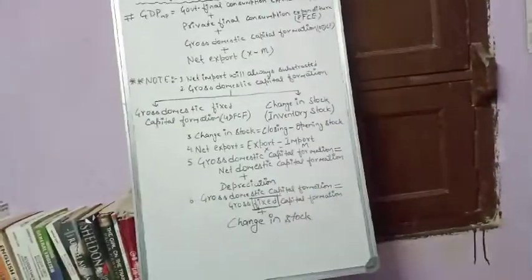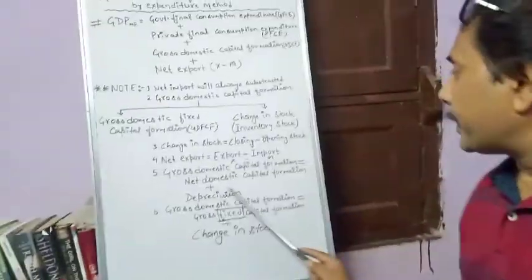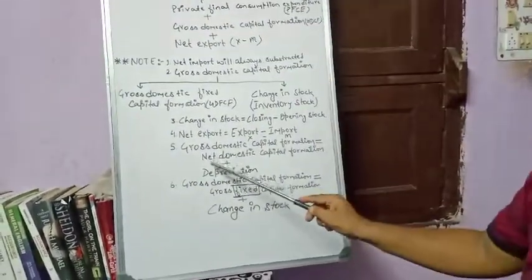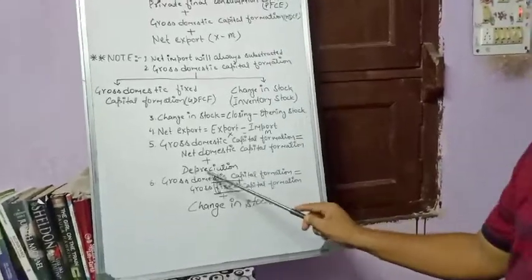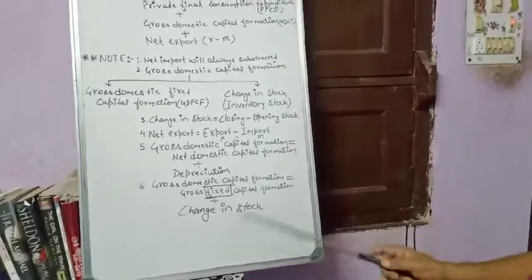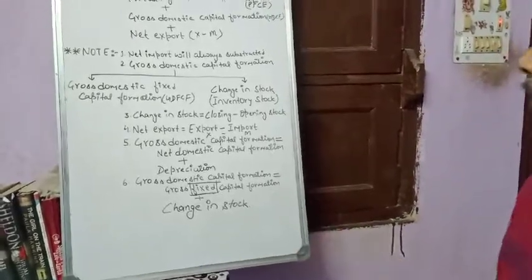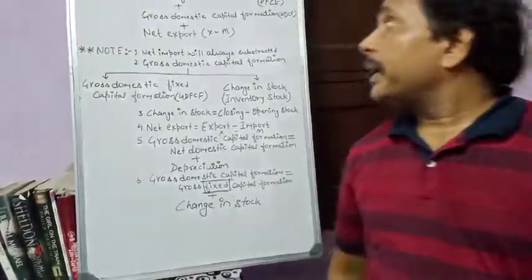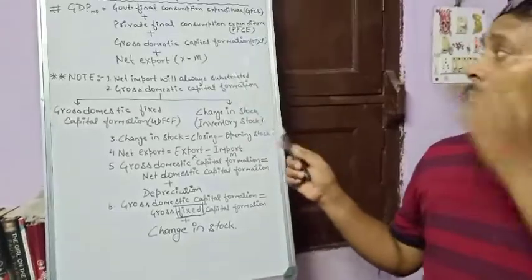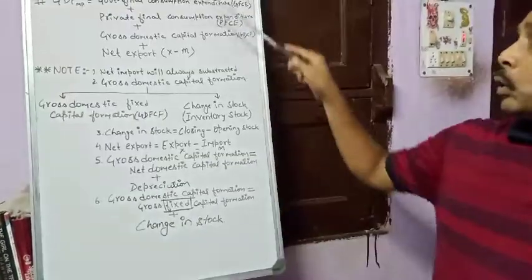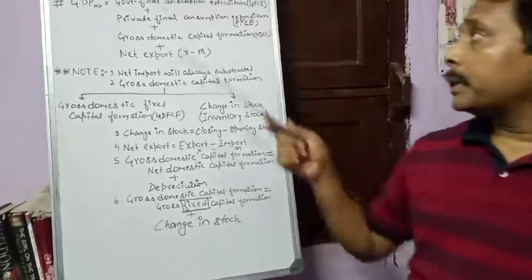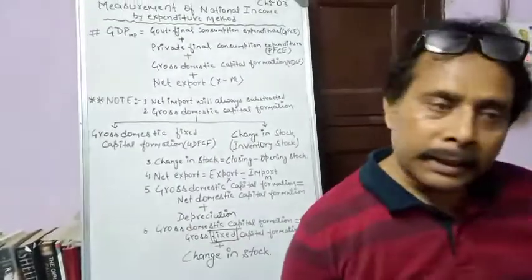So overall we can say, if net domestic capital formation is given and we have to calculate gross domestic capital formation, we will add depreciation. If only the gross fixed capital formation is given, in that case change in stock will be added. So in this way we can use these components to solve the national income, and with the help of these components we will be able to calculate national income. Thank you.